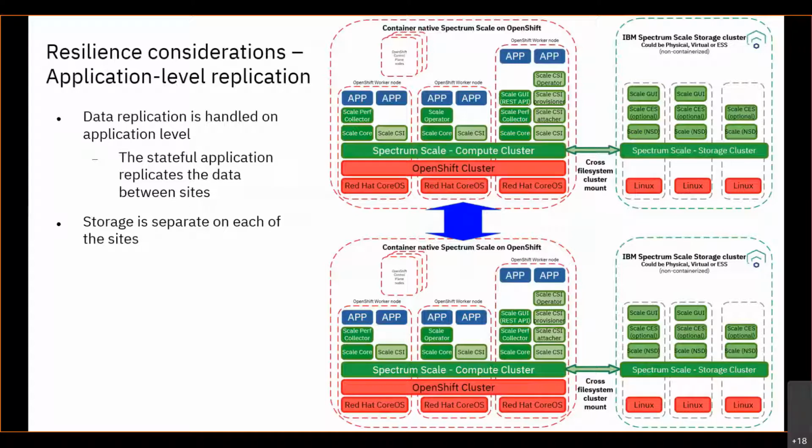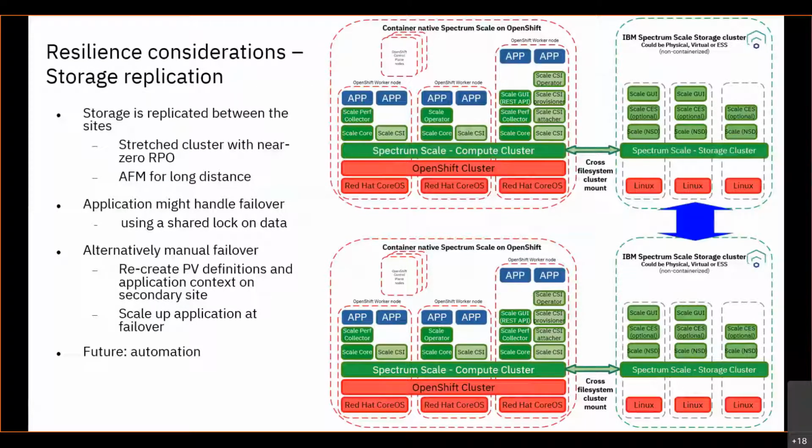Then obviously you can have multiple storage backends behind it, like Spectrum Scale clusters that are not interconnected. In this particular case, your application traffic is replicating the data, and then the backend data is stored on your storage entities in each of the sites.